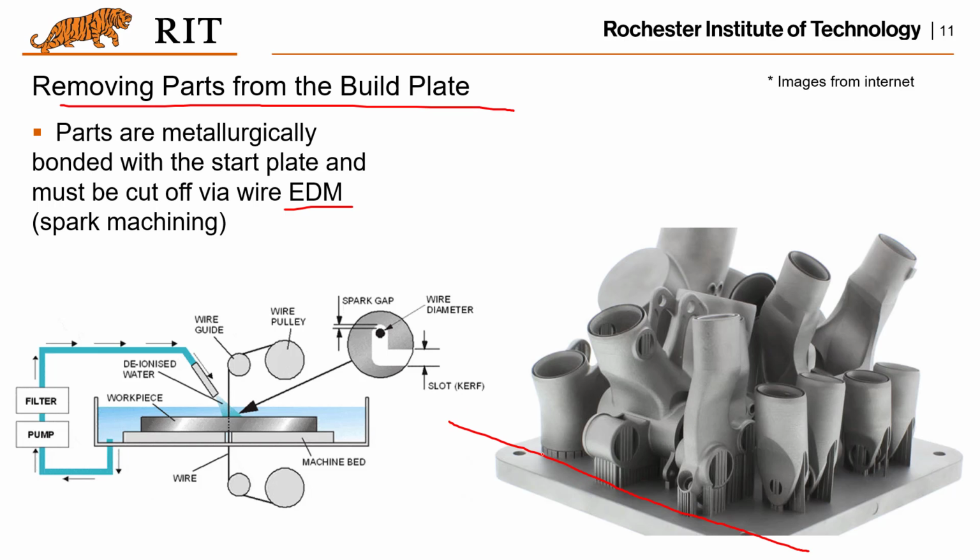A small spark is generated like a blade to cut the part from the build platform. If you look at this zoomed view, this is a wire, and there will be spark generated to cut the material, such that you can cut the part off from the plate.